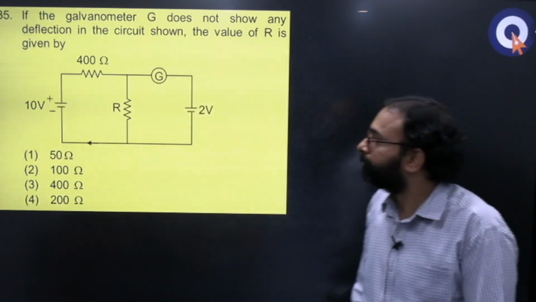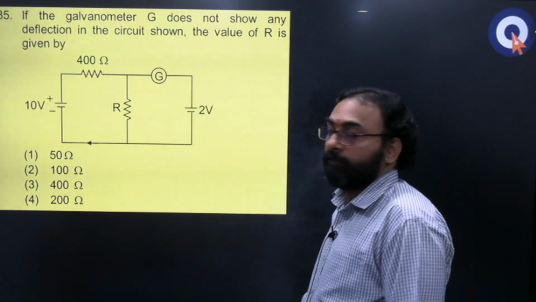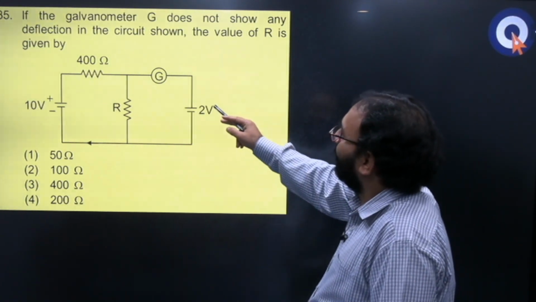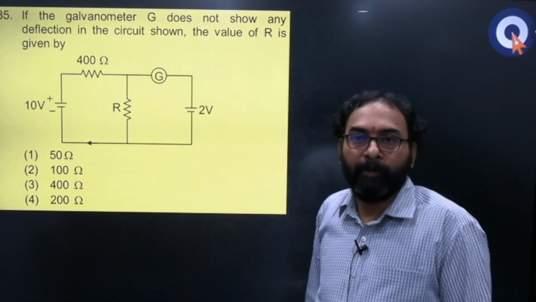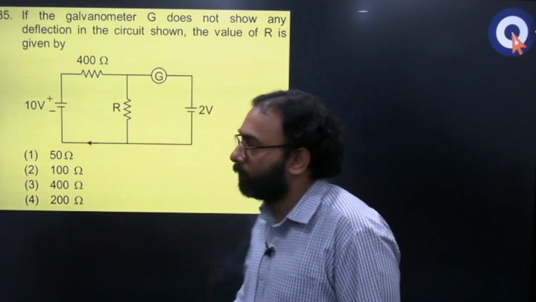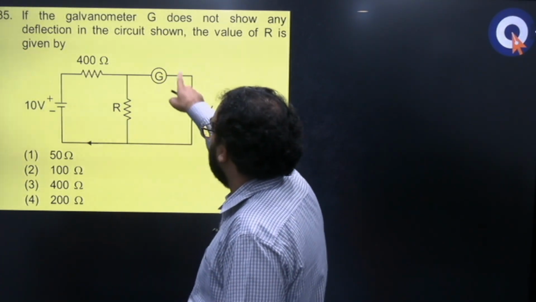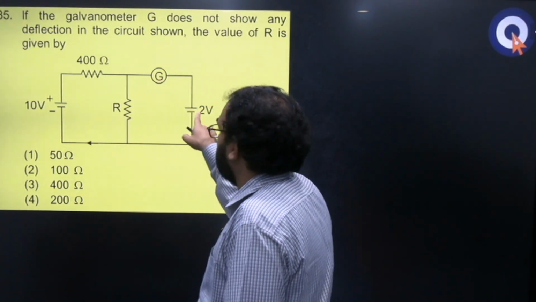Next question. If the galvanometer G does not show any deflection, means what? In this branch, the current has to be 0. So you can just remove this G and 2 volts.